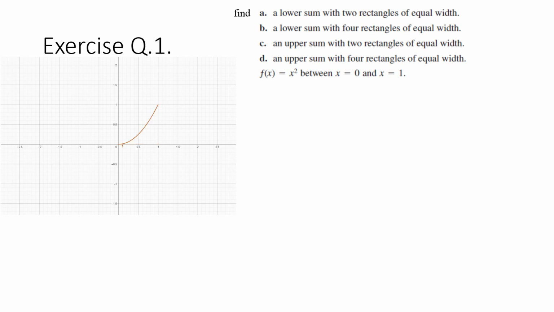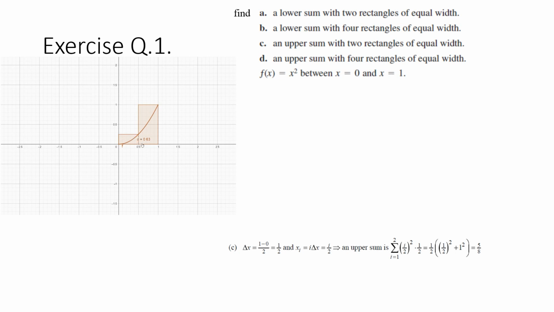So first of all, let's try upper sum with two rectangles. So there is the interval 0 to 1, which is divided into two equal parts, that is 0 to 0.5 and 0.5 to 1. And since this is upper sum, the highest value of the function is chosen in the interval to draw the rectangle.